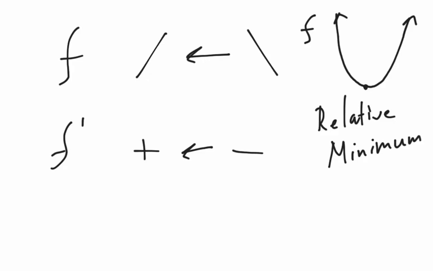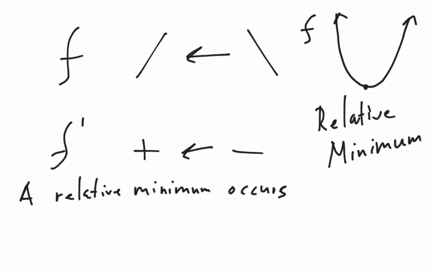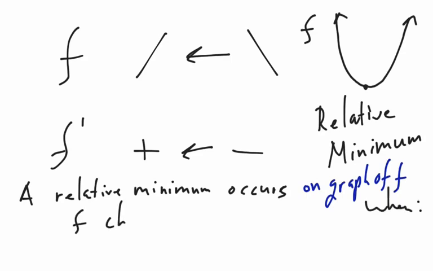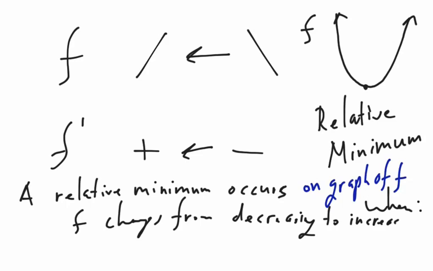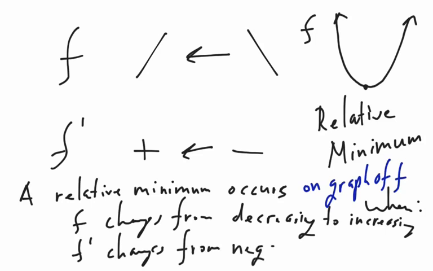And so we can say that a relative minimum occurs on the graph of f when, and then two things, either f changes from decreasing to increasing, or if f prime changes from negative to positive.